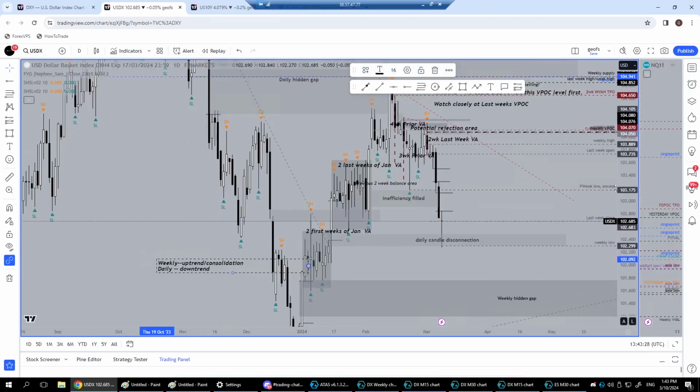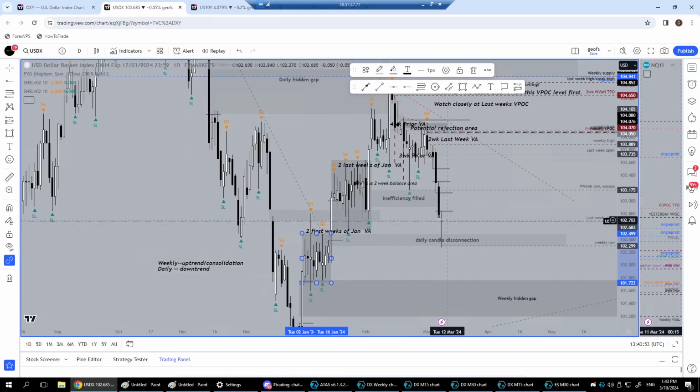So anything on the daily chart of note? Yeah, I mean, we have these consolidation areas from January. It looks like this one's being tested, the value area from the first 2 weeks of January. So this may provide kind of a support, possibly.